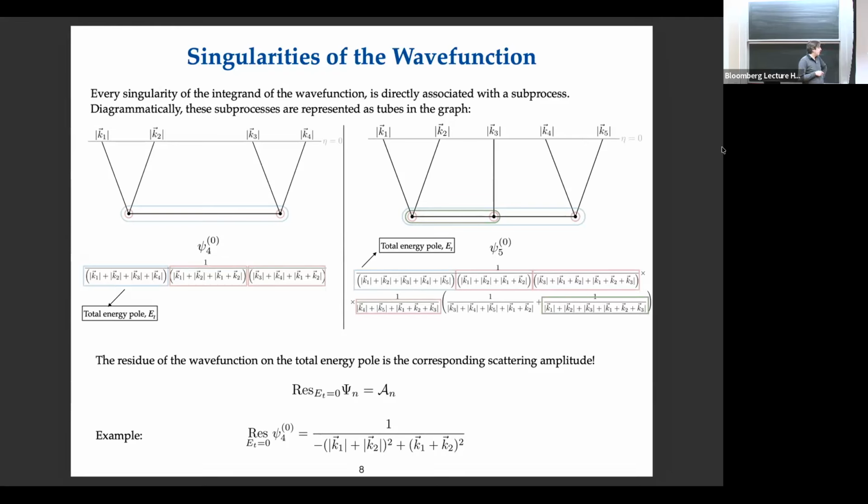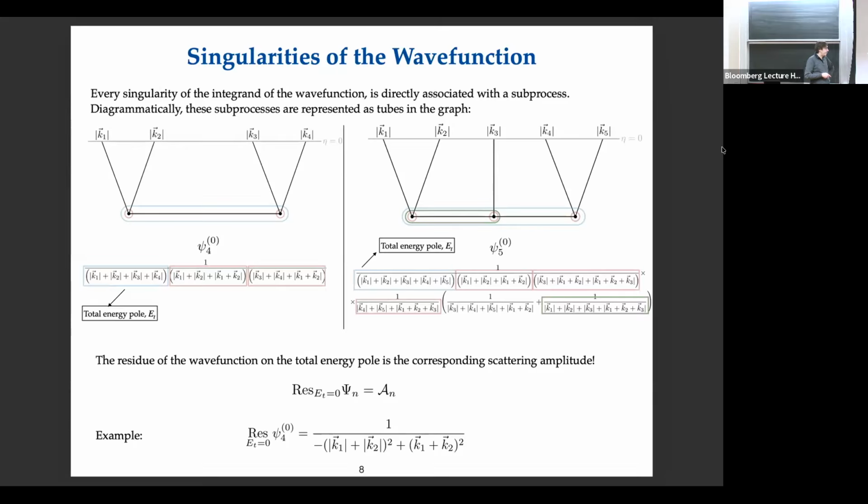But these poles already have a nice behavior. For example, in parallel to scattering amplitudes, where if you go on a pole at tree level, it factorizes into the scattering amplitude to the left and to the right. Also, for the wave function, we have a nice factorization structure. For example, if you go on the total energy pole, the amplitude shows up.